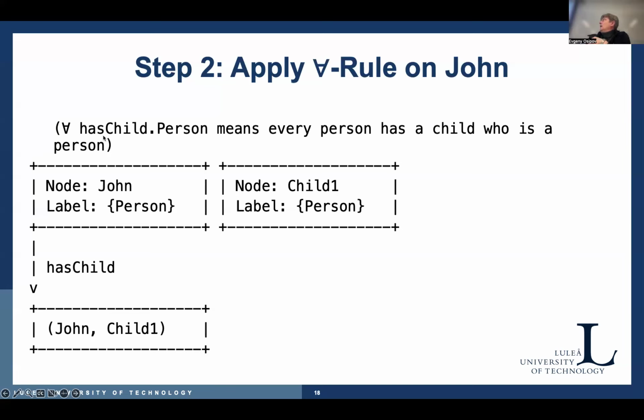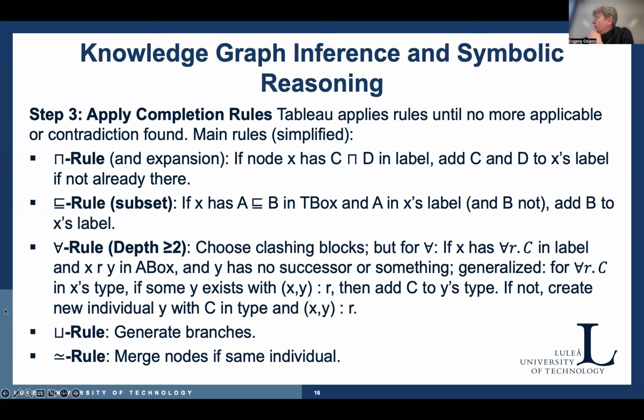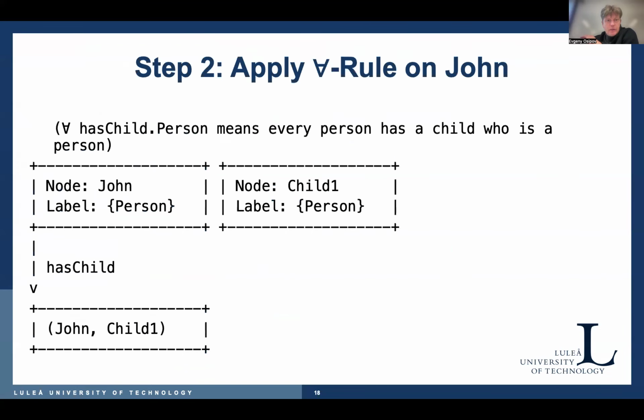And so there is a rule on how to expand one node for this universal quantifier. Now I go back a little bit. I just copied the formal definition of the rule, so it's best to just look at this visual example.